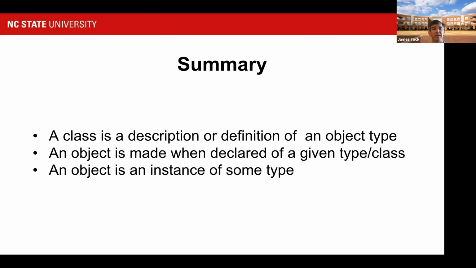And then an object is an instance of some type. And often we'll talk about objects being instances of some kind of class. Specifically, since we're very interested this semester in user-defined types and user-defined classes, a lot of times we're going to be talking about objects that are instances of some class type that we created.